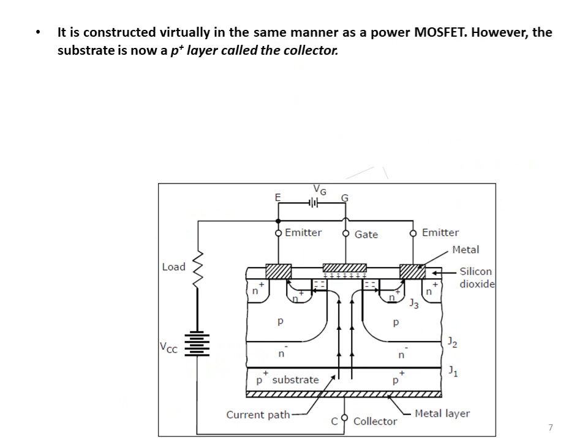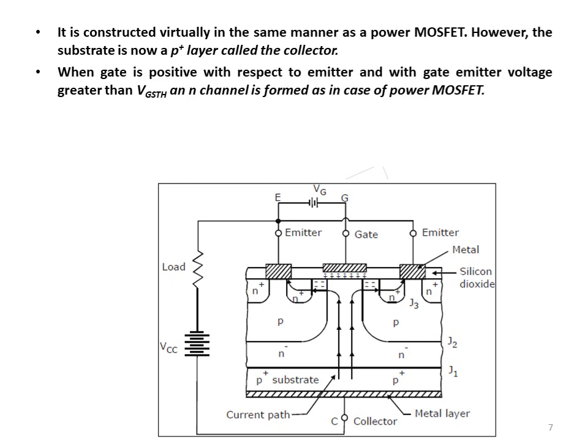So we have seen that it is very similar to your MOSFET. However, the substrate is now P plus, as I told you, and it is connected to the collector. When the gate is positive with respect to the emitter and the gate-emitter voltage is greater than VGTH, an N channel is formed, as in the case of MOSFET, except now it is from the collector to the emitter.